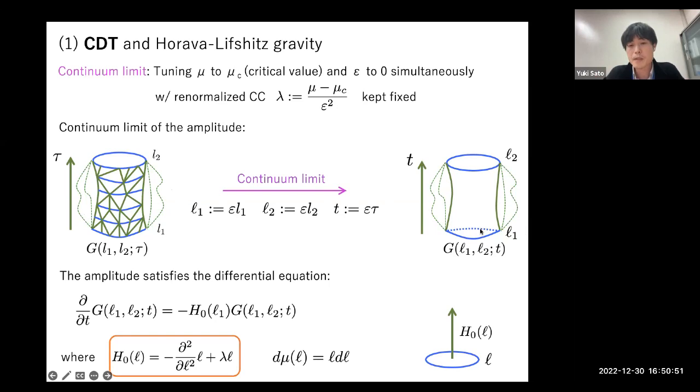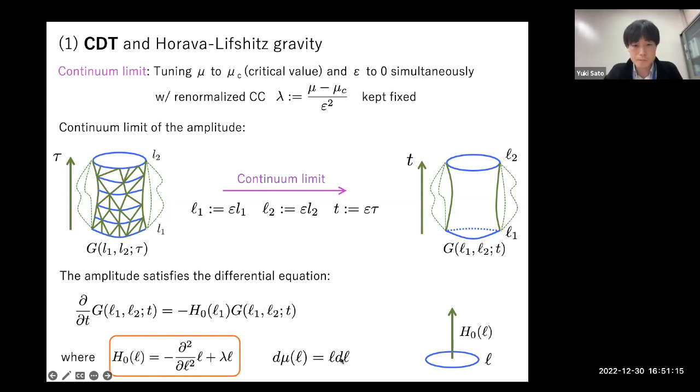This renormalized amplitude is known to satisfy this differential equation. It is a sort of Schrödinger equation, and this H naught is the Hamiltonian of this system, which is Hermitian with this integral measure.